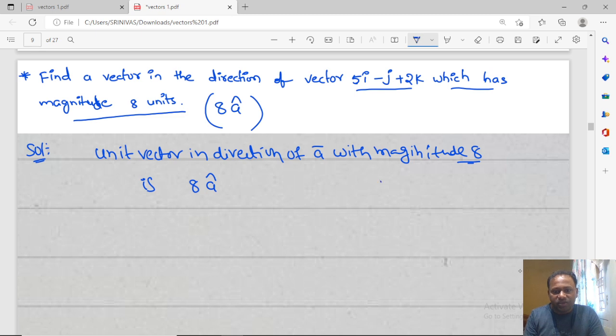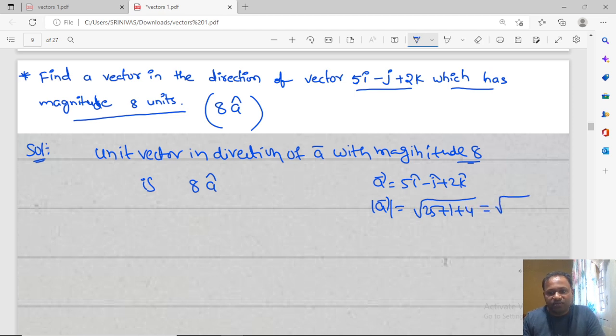Very simple. You have a bar is equal to 5i minus j plus 2k. Then mod a bar is equal to how much? Under root of 25 plus 1 plus 4, that is equal to 30. Okay, root 30 you will have.